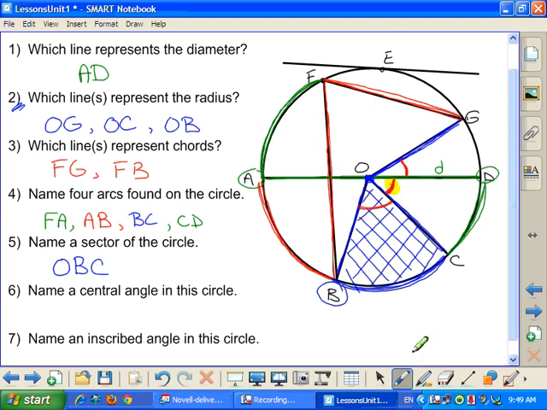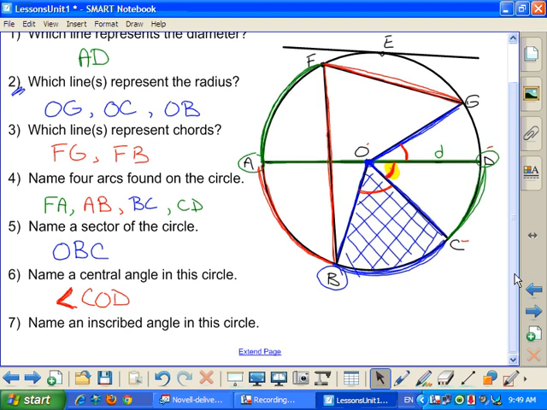So when I want to talk about an angle, I report it with this little symbol, it's the greater than or less than sign, sorry. So angle, and the letter that's with the angle always goes in the middle, so we would go COD. So angle COD.